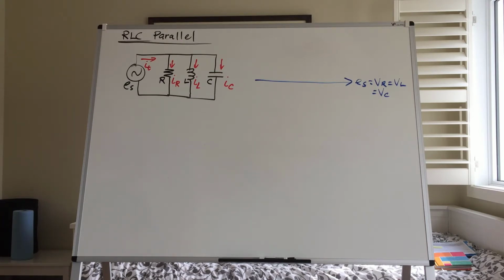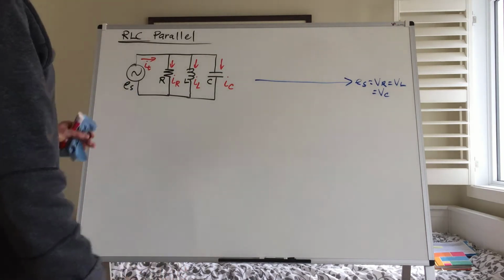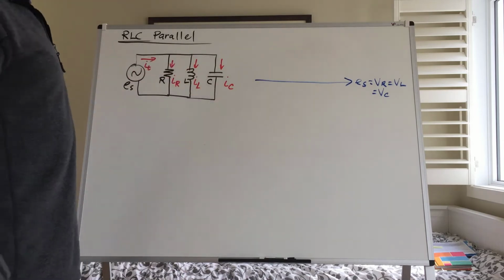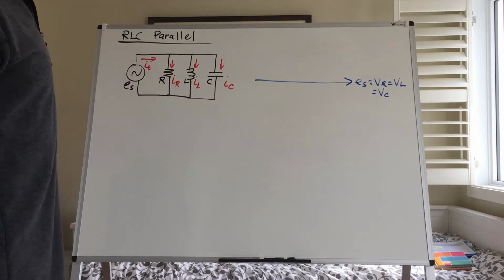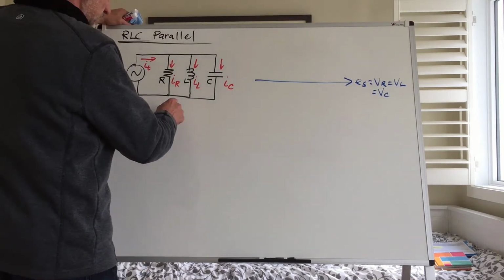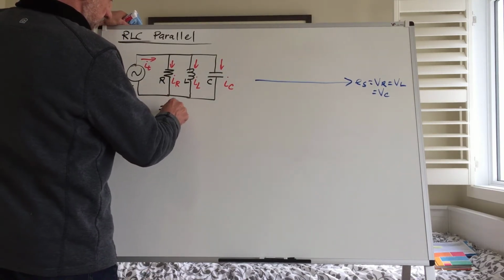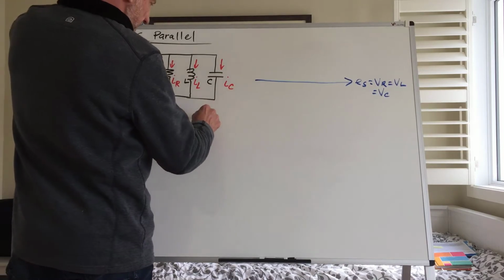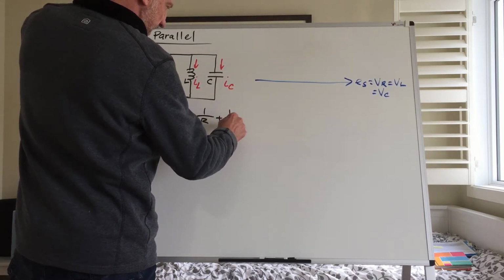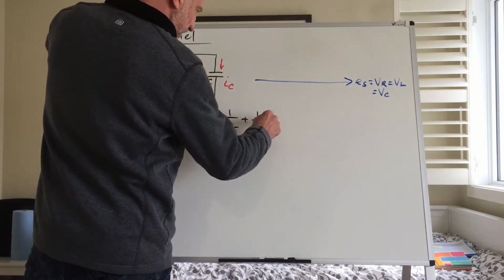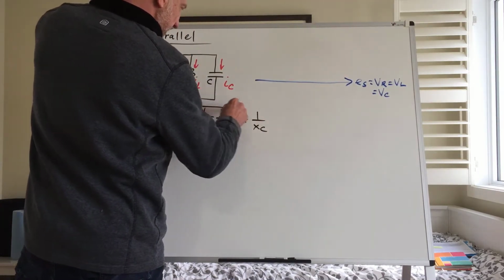So next thing we're looking at is the total impedance. When we're looking at the total impedance, remember, we can't just simply add up these values of opposition because that would be treating them as if they're in series. So we can say that Z total equals 1 over, 1 over R plus 1 over XL plus 1 over XC.